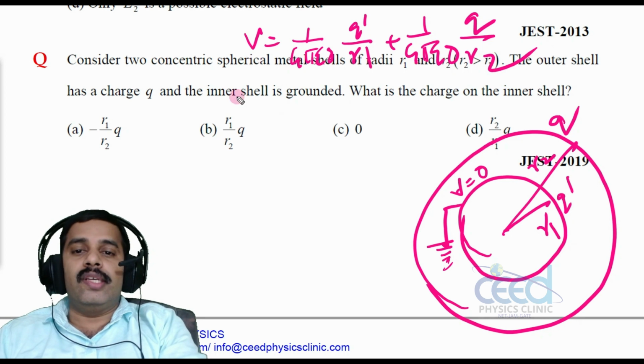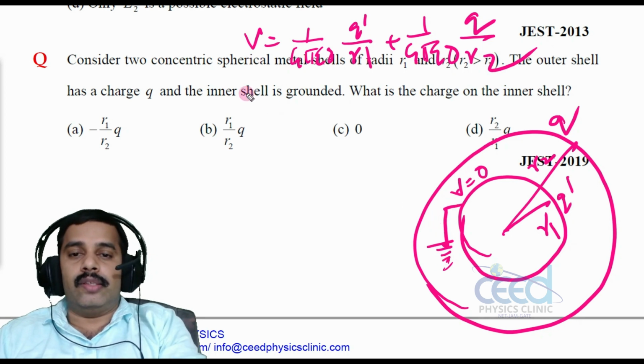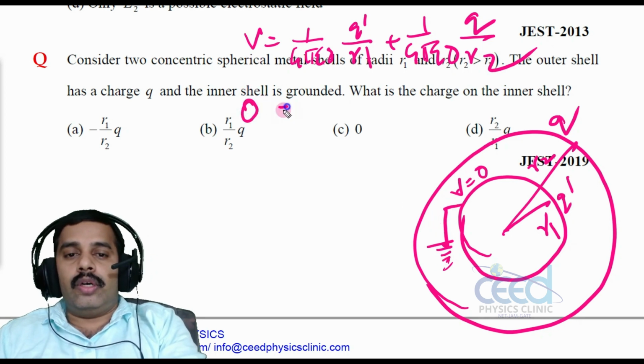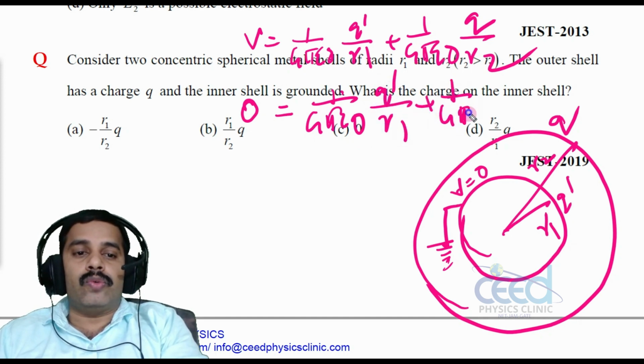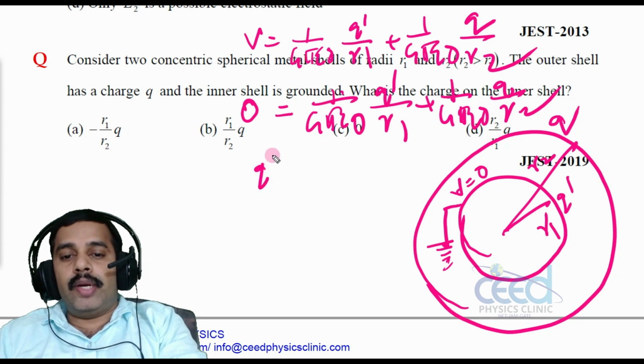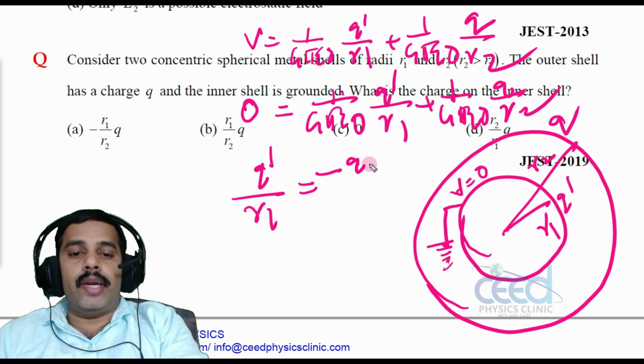This potential is 0 by earthing. So 0 is equal to 1 by 4 pi epsilon 0 Q dash by R1 plus 1 by 4 pi epsilon 0 Q by R2. That is Q dash by R1 equals minus Q by R2.